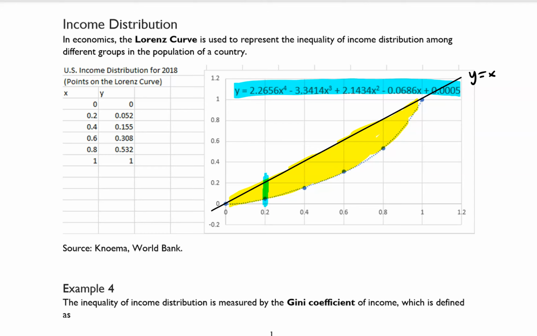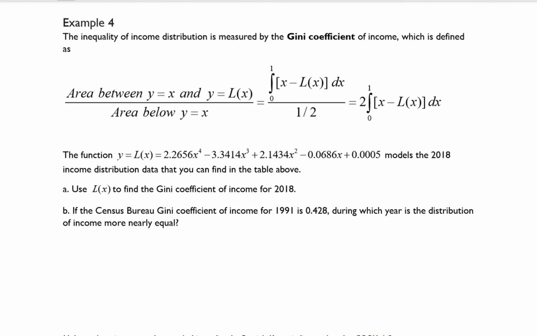evenly across the population. So I mentioned the Gini coefficient of income earlier, and it's defined by this formula below. So it's the area between y equals x and y equals L of x divided by the area below y equals x, which is equal to 1/2.